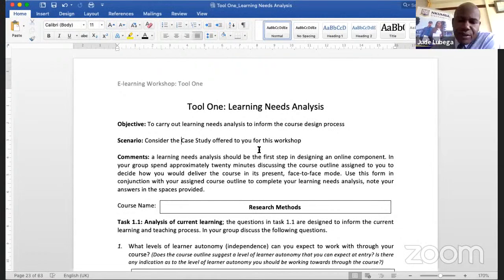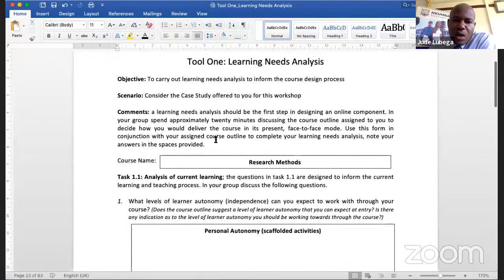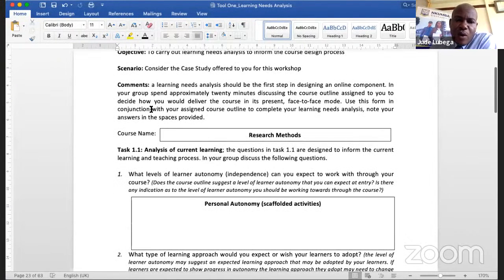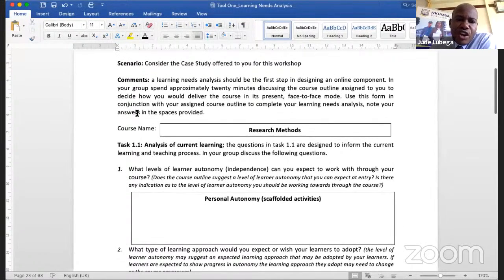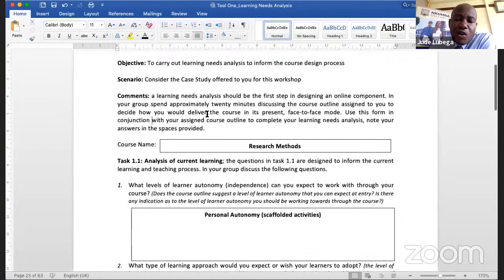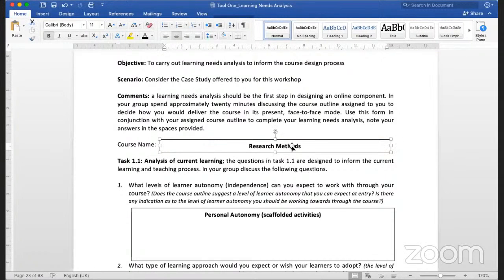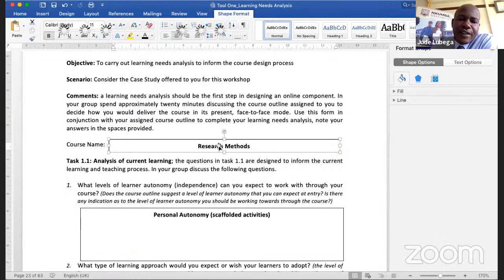So colleagues, as part of the information, you were supposed to feed in at least a course unit. And our assumption here is that a course unit, research methods, is being proposed for studying.